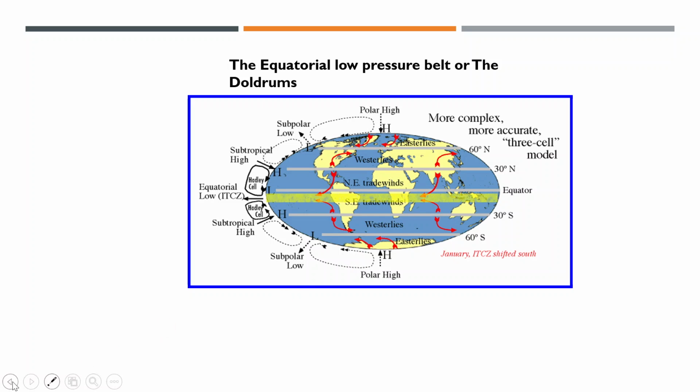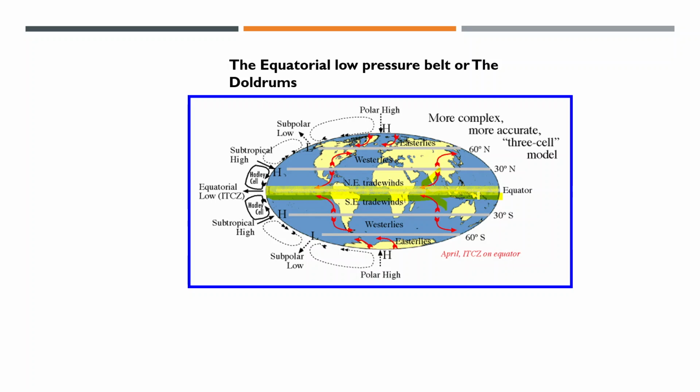Here we can see the northeast and the southeast winds converge, and that is why we have the area of the ITCZ right over here, which is known as the Inter-tropical Convergence Zone.